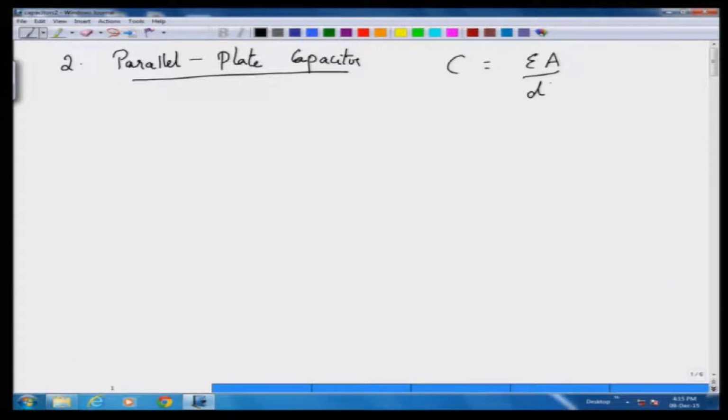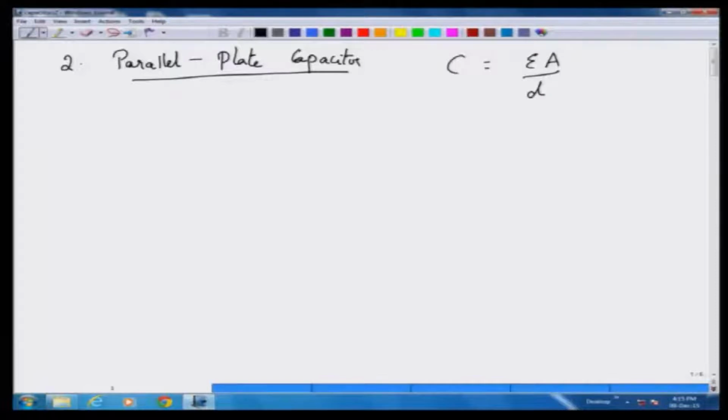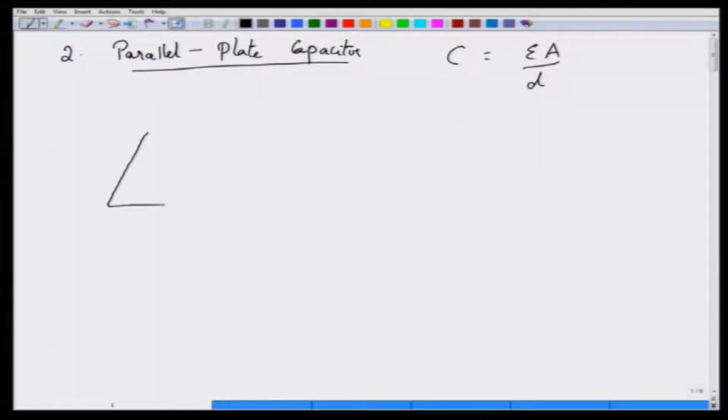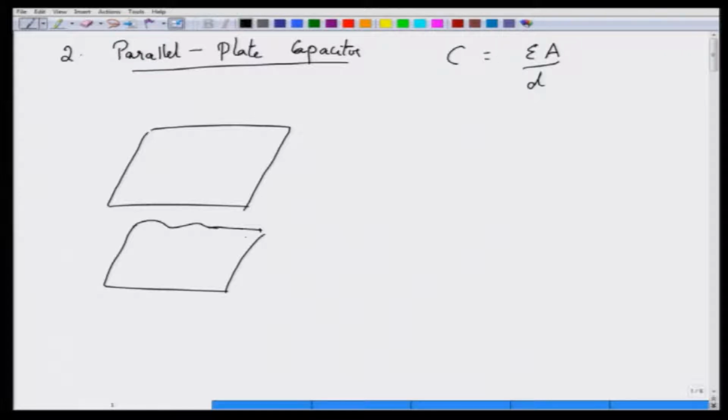It is epsilon A by d, where A is the area of the plate of the capacitor and d is the separation between the two plates. So, let us see where this famous formula comes from and also see whether it is actually valid, or if it is valid, how valid it is. A parallel plate capacitor simply consists of two parallel plates of the same area.